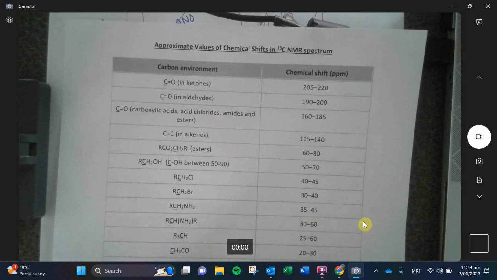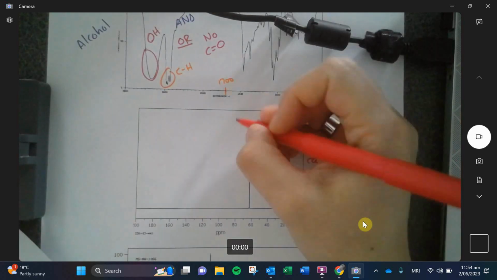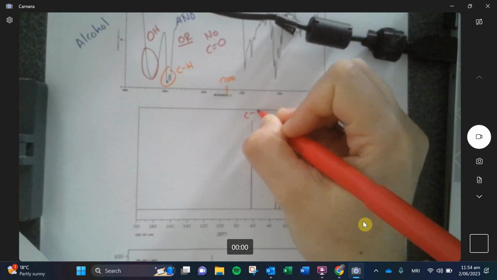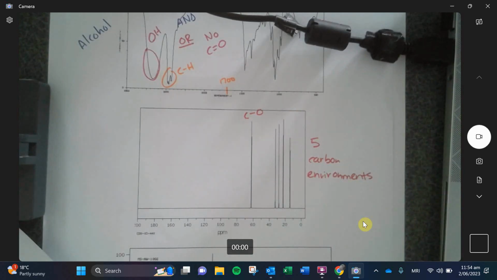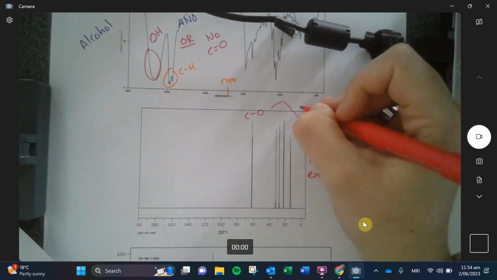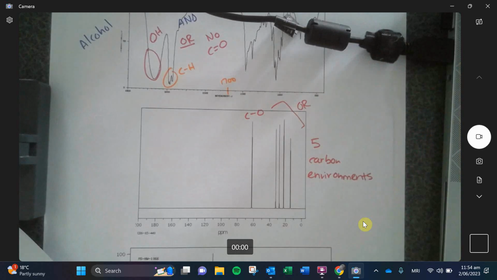And around 60, I should know that I should have OHs. So what you could do also for the achieved is identifying that this is a CO of some kind. So that's the other one. Again, it's an OR option. But most likely, you guys are just going to go by counting. That's the easier way to do it.